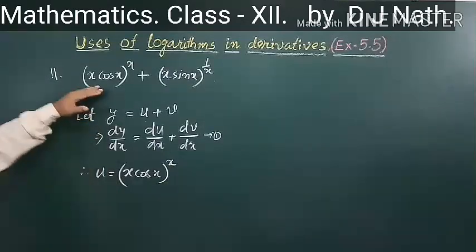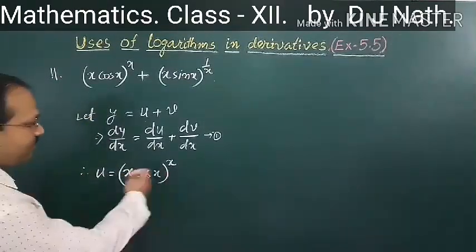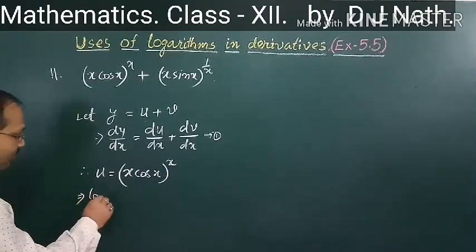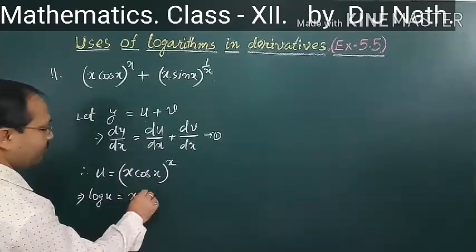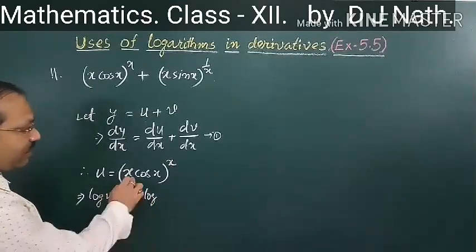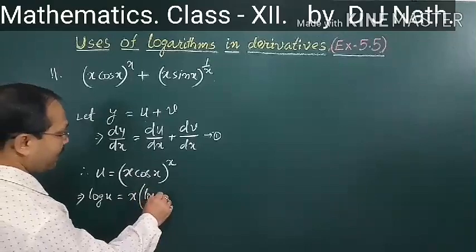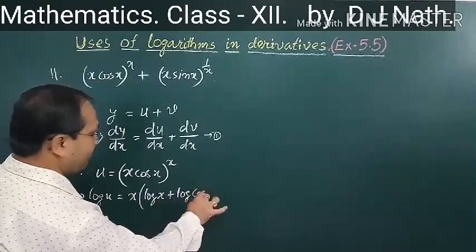Since the power is there, and here also functions are there, we have to take log. So log of u is equal to x into log of x cos x. So here also again product terms are there, so it can become log x plus log cos x. Okay?